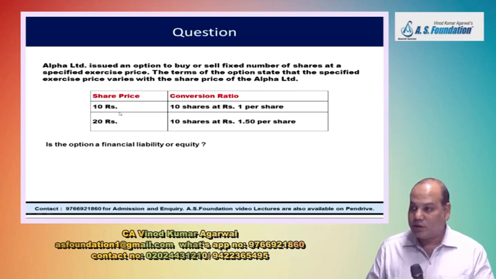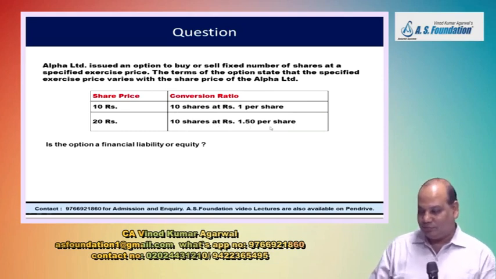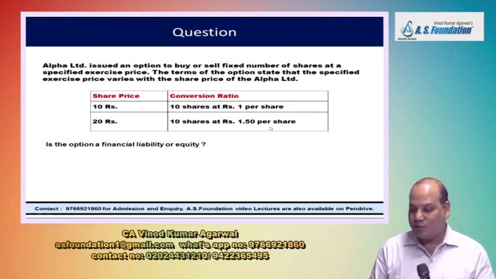If the share price is 10 rupees, the conversion ratio will be 10 shares at rupees 1 per share. But if the market price of this share is 20 rupees, the conversion ratio will be 10 shares at rupees 1.50 per share. Is the option a financial liability or equity?